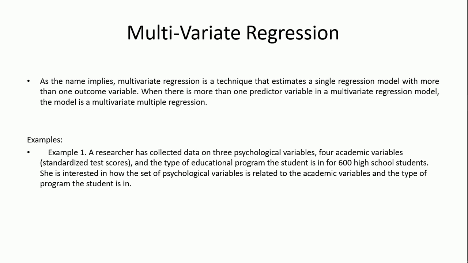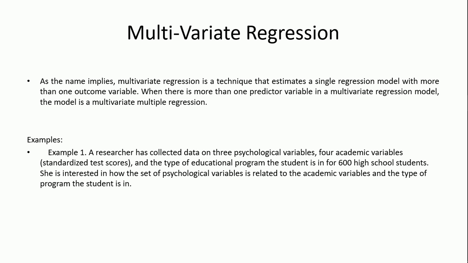So I am giving you three examples. Example one: a researcher has collected data on three psychological variables, four academic variables, and the type of educational program the student is in, for 600 high school students.